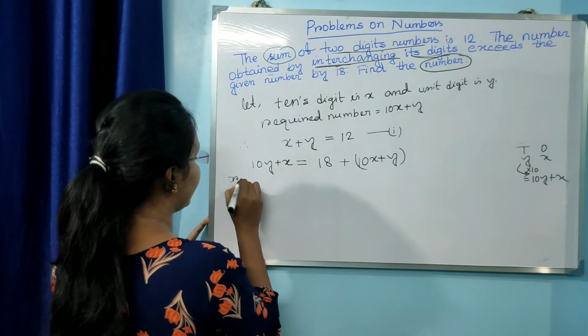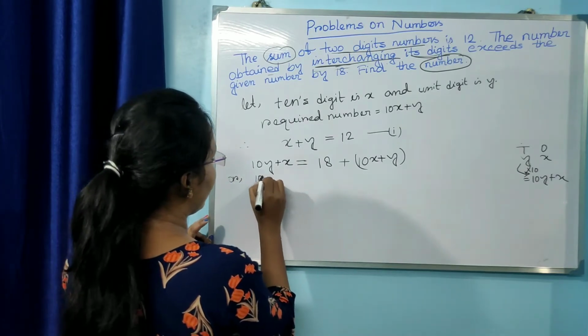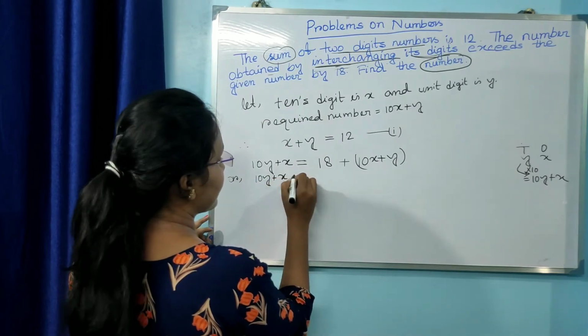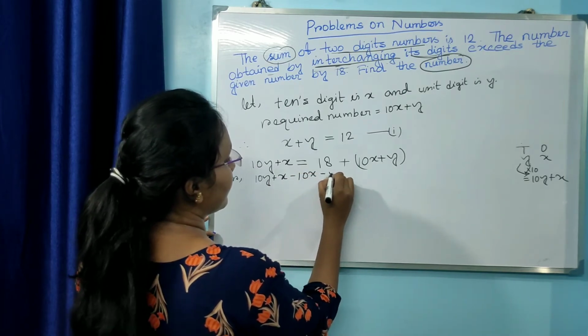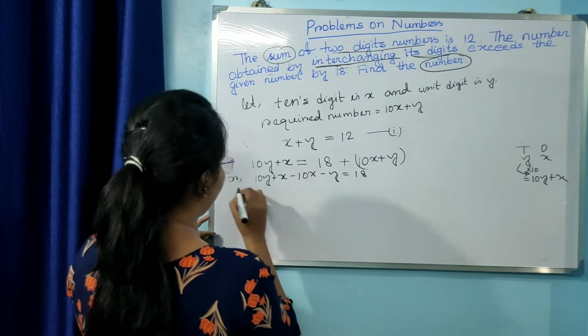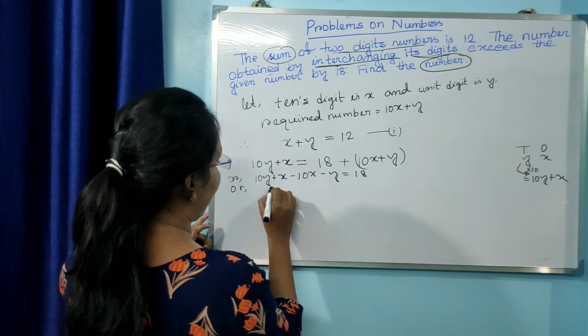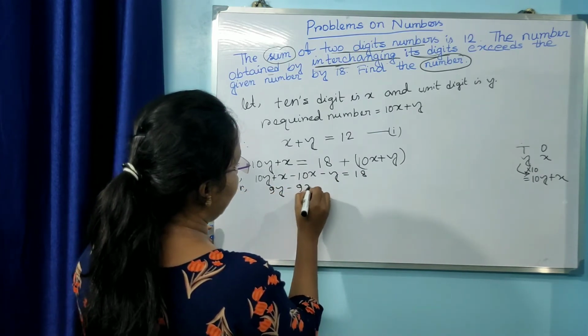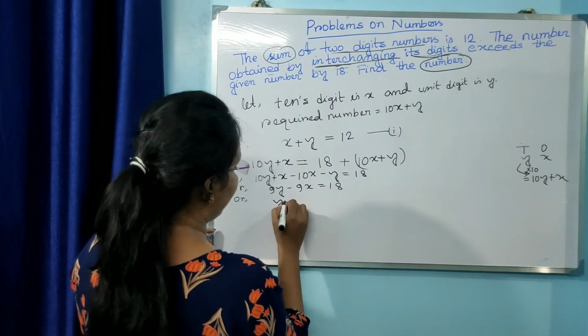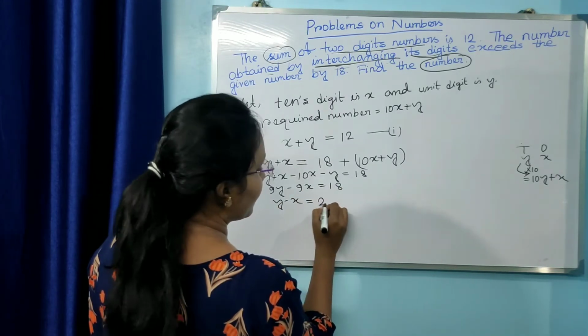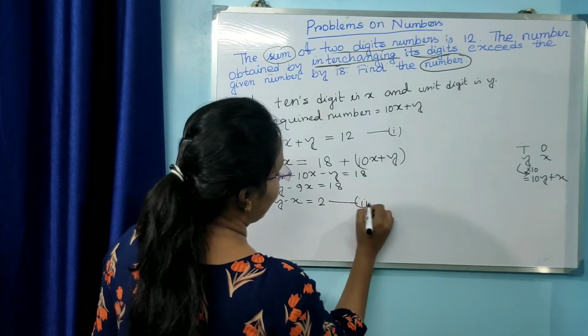So it will be 10y plus x minus 10x minus y equals 18, or 9y minus 9x equals 18, which gives us y minus x equals 2. So this is the other equation.